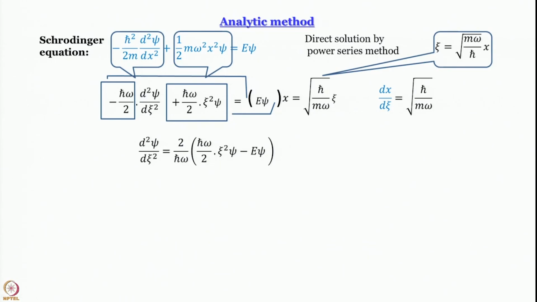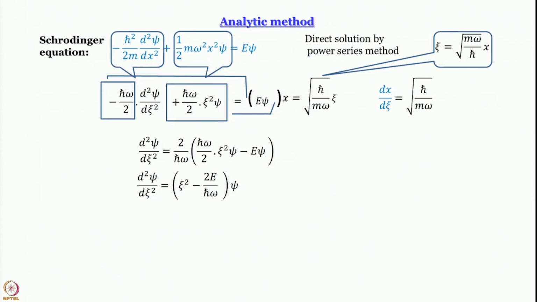So, the first term will become xi square, second term will become minus 2E divided by h cross omega. d2 psi d xi 2 is equal to xi square minus 2E by h cross omega multiplied by psi. Again, this is an eigenvalue equation, and this is a differential equation which we can solve without much hassle.